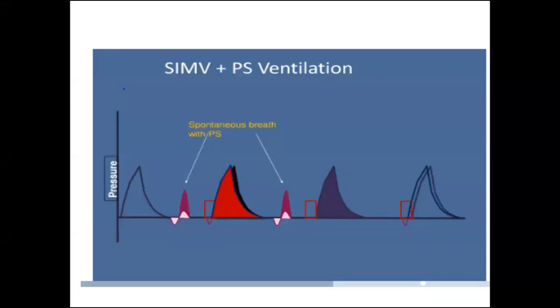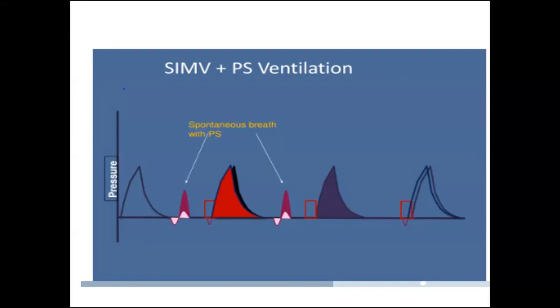No need to give the pressure support also. So always remember, your pressure support should never be equal to pressure control. It should always be less. If you are supporting equally to the mandatory breath, there's no difference between mandatory ventilation and pressure support ventilation. All are the same. All become assist control then.